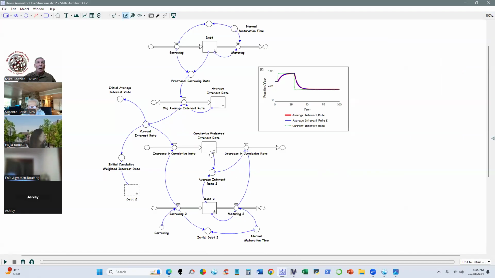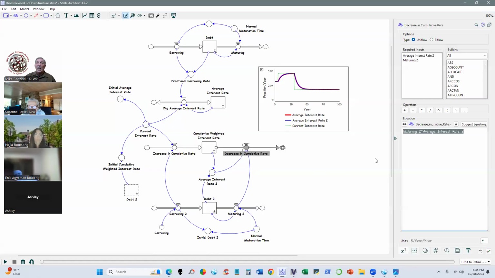And look at here, when you decrease the cumulative weighted interest rate, you're doing so at the average interest rate. So stuff comes in at the new interest rate, borrowing times the current interest rate, and it leaves at the average interest rate. The maturing flow, outflow leaves at the average interest rate.